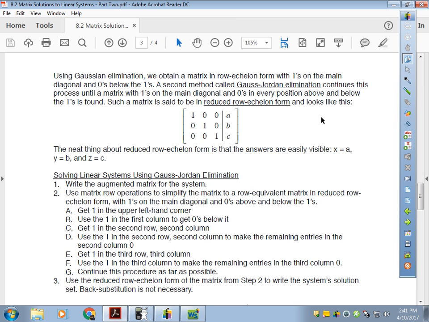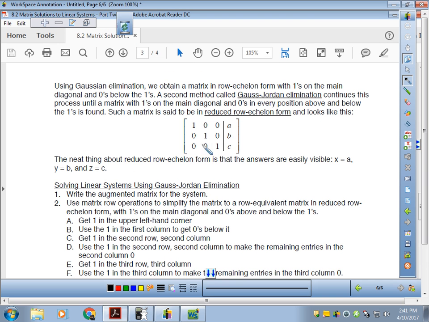So before we've been doing row echelon, where we have a 1 in the diagonal and zeros underneath. But there's an even simpler form, and this form is called reduced row echelon form. You have a diagonal of 1s here. You have zeros underneath, and then you also get zeros on top.